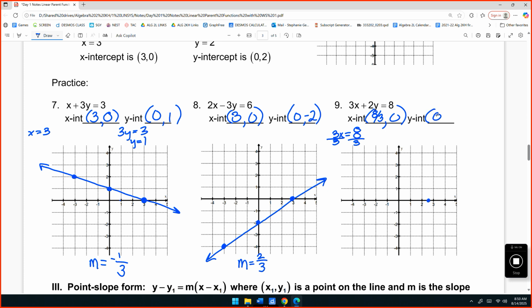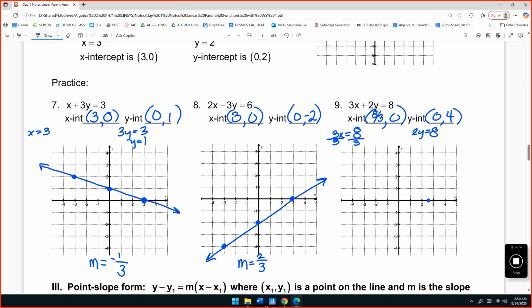That's where we make x 0. So we plug in 0 for x. 3 times 0 is just 0. So we're looking at 2y equals 8. So y is 4. And that one's nice, right? That one worked out nicely.